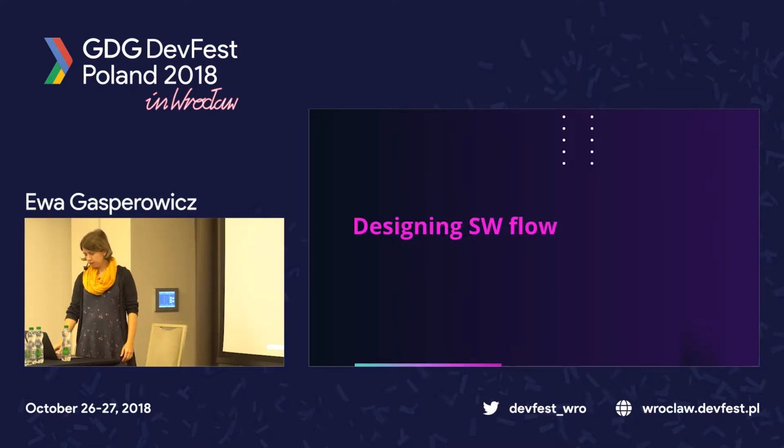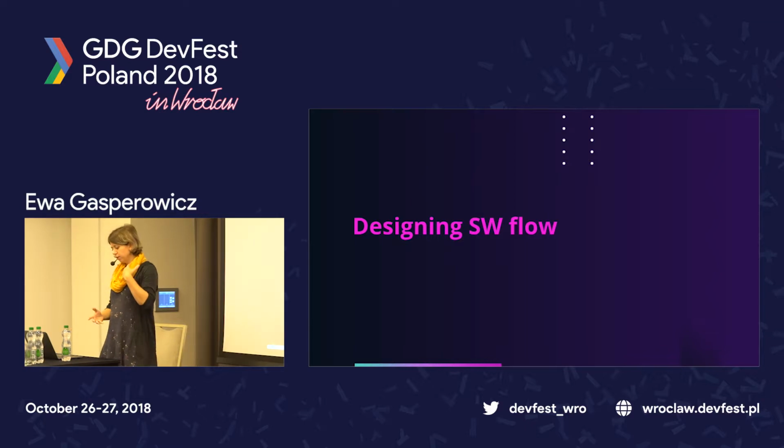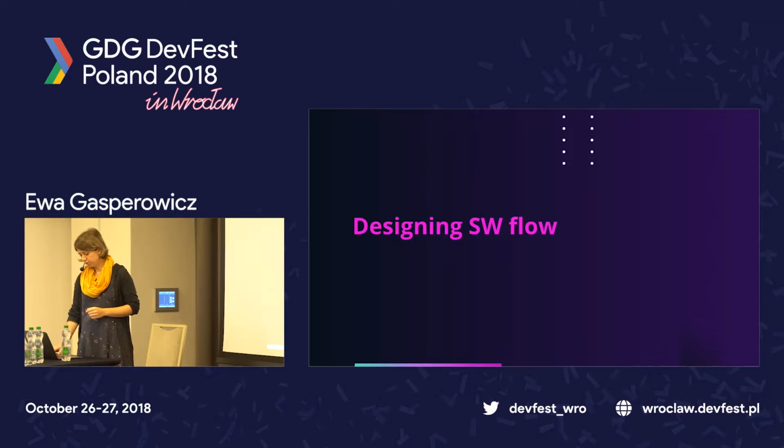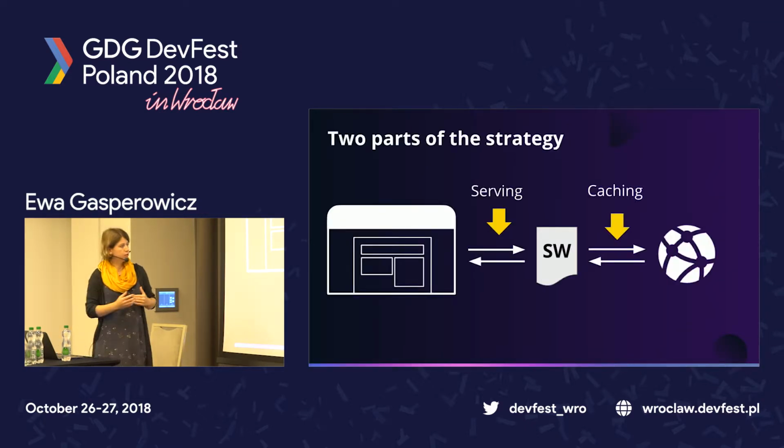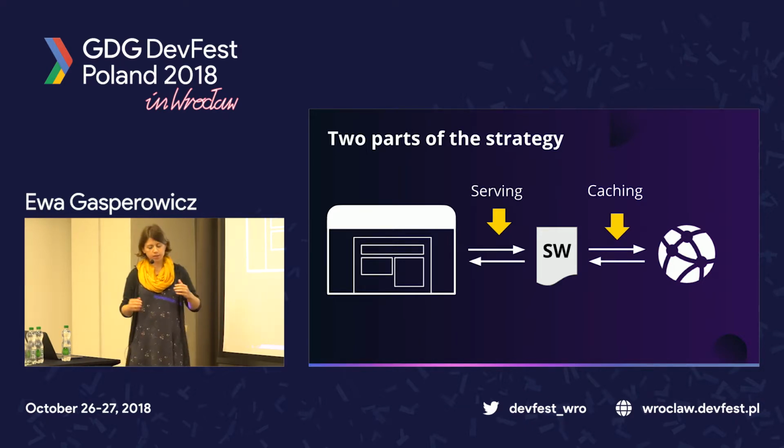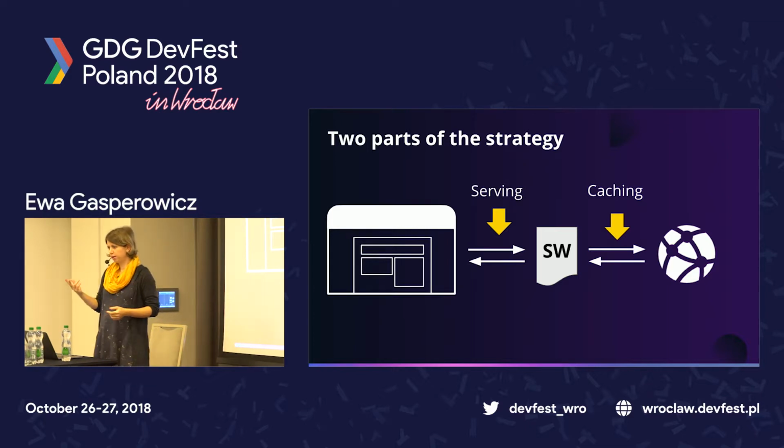OK, so how do we go around designing the service worker flow? Well, as I told you, service worker is kind of a proxy that sits between the website and the network. So in a natural way, we have 2 parts of the service worker flow or strategy that we need to think about.